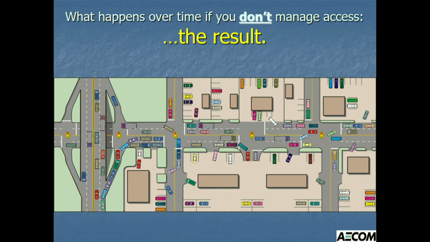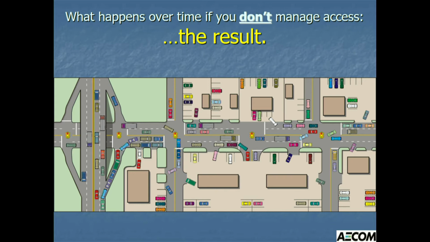Again, one decision builds on another. One thing I could guarantee, there was no plan that resulted in this happening. And let me ask, based on your driving around, wherever you live, is that such an uncommon situation? Right? It's very, very common, too common. And they're all examples of a lack of access management, where things just evolve, things happen, decisions are made without really thinking about the longer term picture.